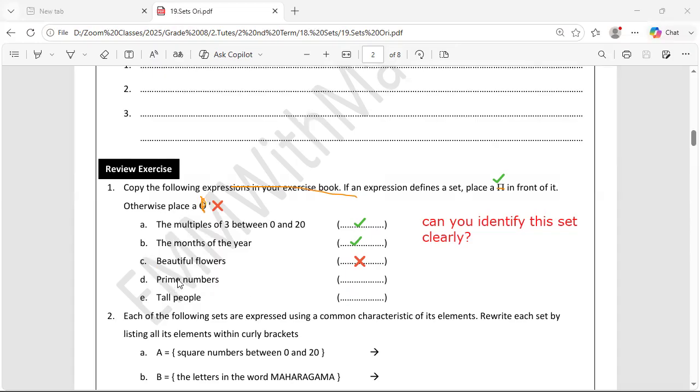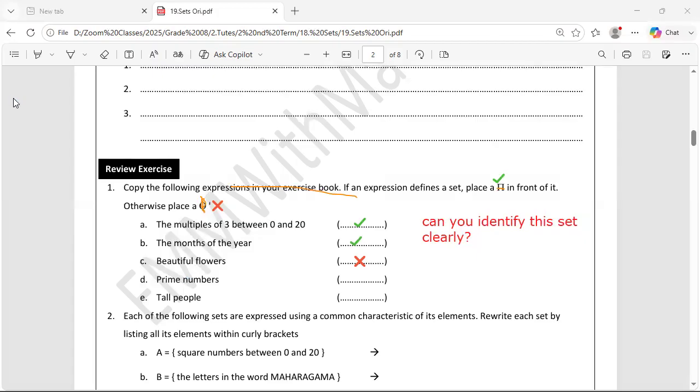Prime numbers. Is it a set? Yes or no? You need to think clearly. Yes. These are not just numbers; they are asking what the prime numbers are.